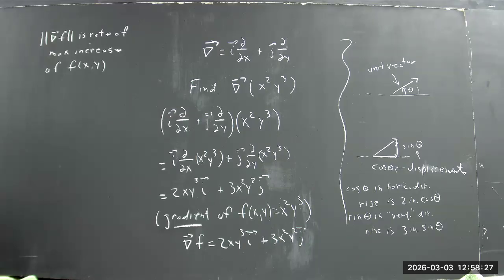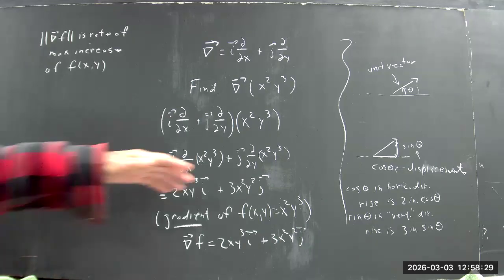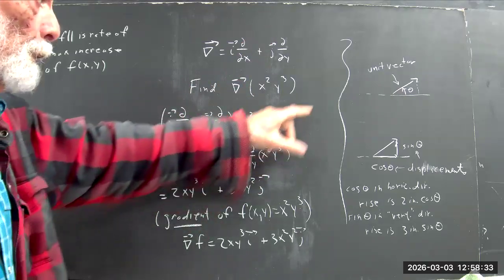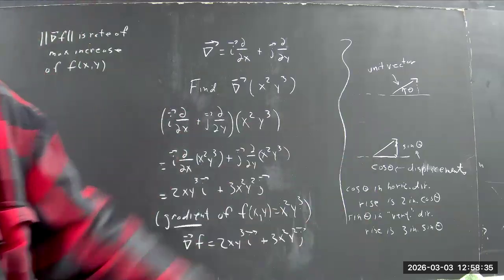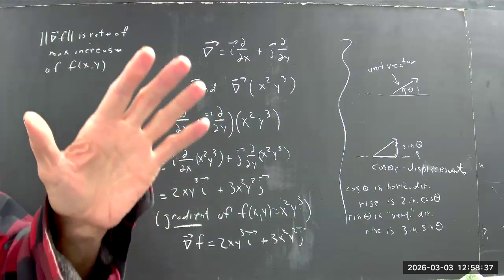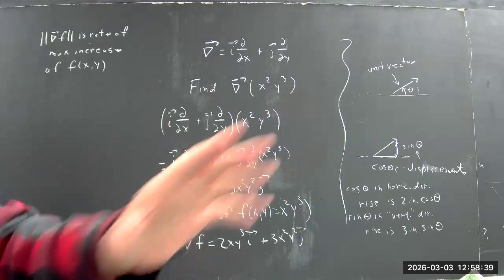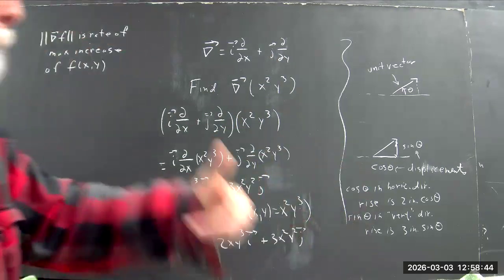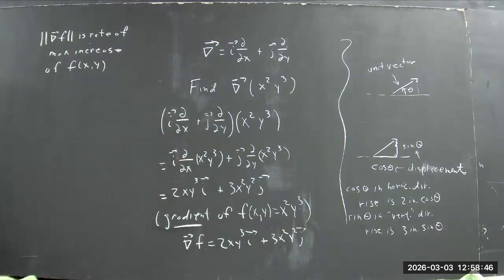Okay? Just like there's some direction we could go here that would give us the rate of maximum increase on this hill, there's some angle theta that would maximize the total distance we go vertically on that hill.